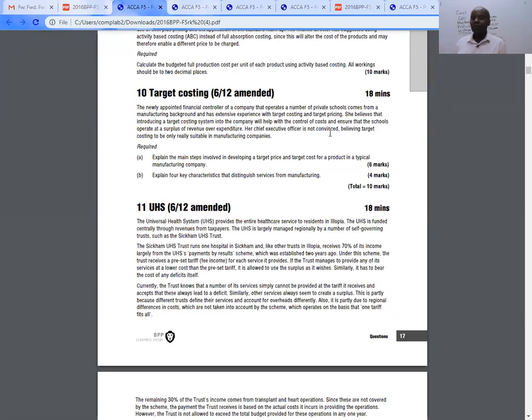And if possible, you should print this book. We shall be relying on this book. I'll be able to show you very many questions that have been tested from this, and of course, many from KASNEB. Like now, I'm targeting this one as my theoretical question.